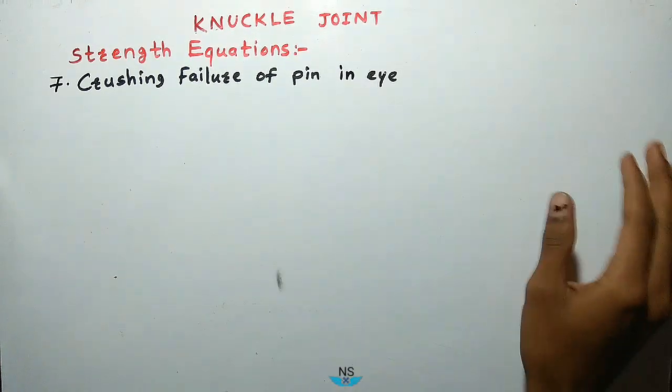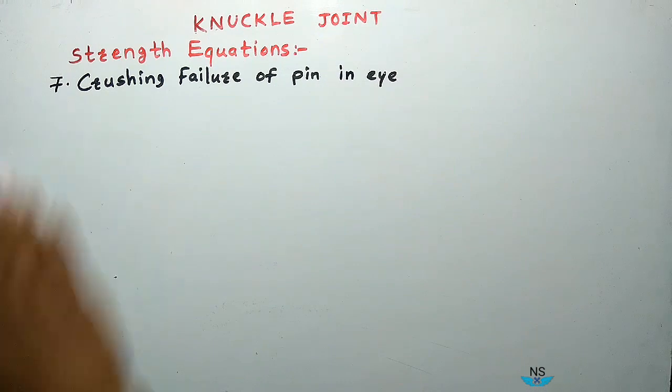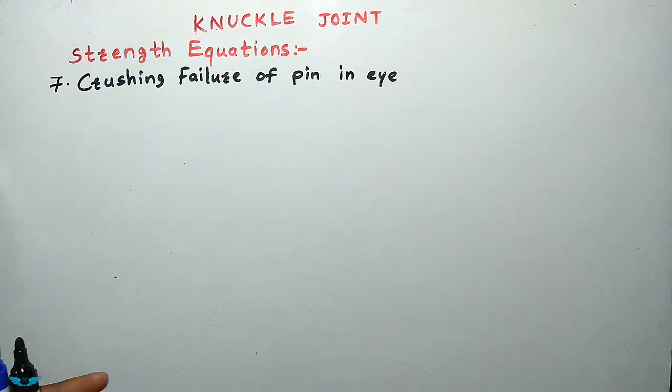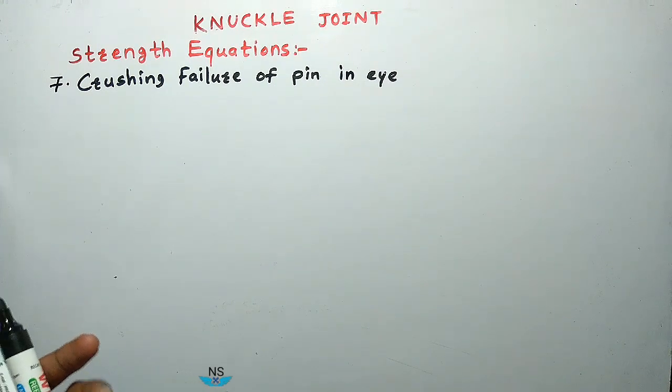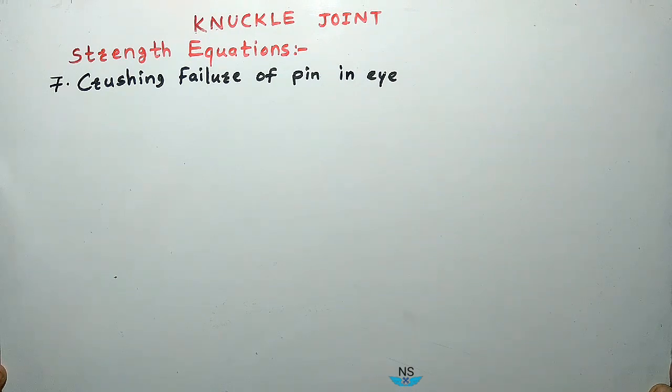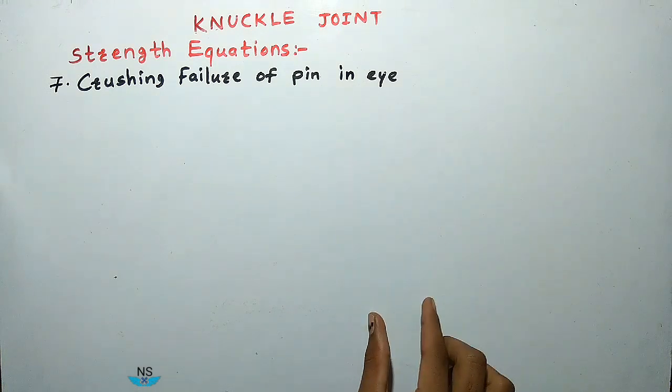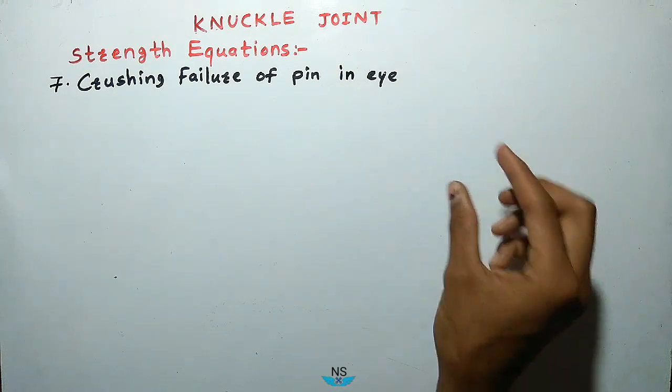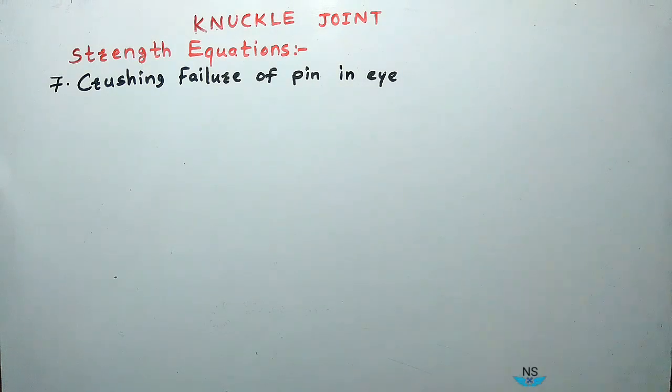Now see the crushing failure of pin in eye. So where crushing failure will take place? Where there is no relative motion between two elements of a joint. So where there is no relative motion in a knuckle joint, between pin and eye and pin and fork ends, crushing failure of pin will take place.